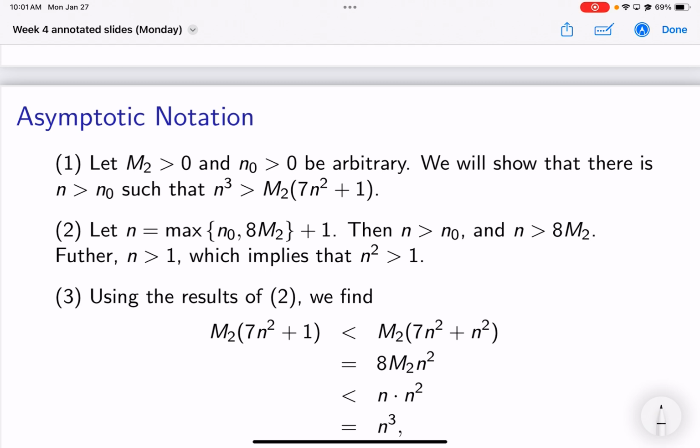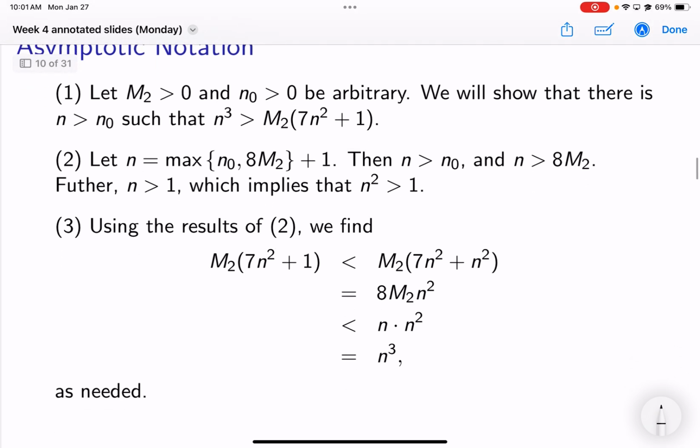So it's sort of implicit in our choice of n. Regardless, we point out that it's greater than 1 because we did that rounding up trick of turning a 1 into an n squared.